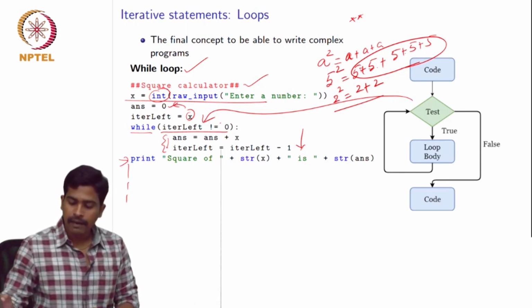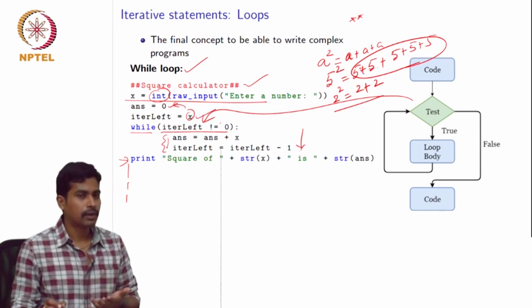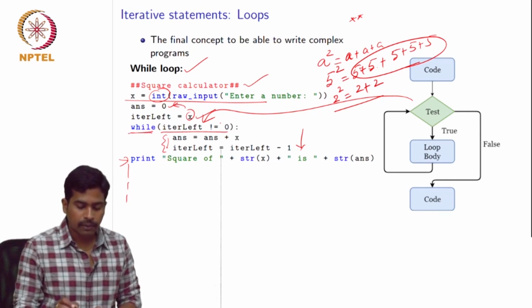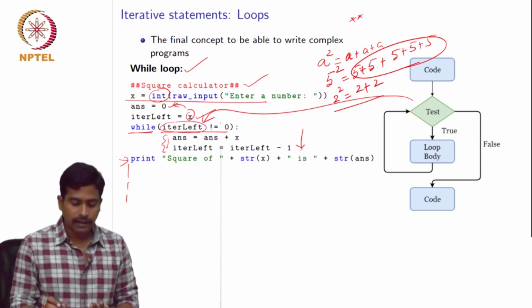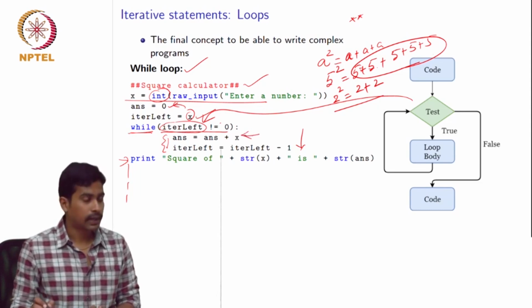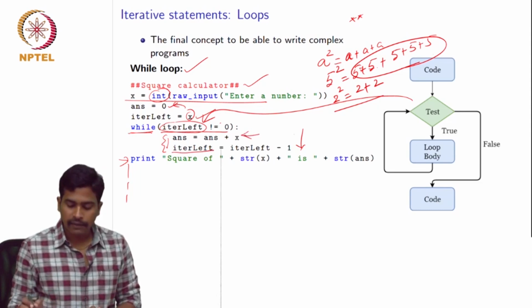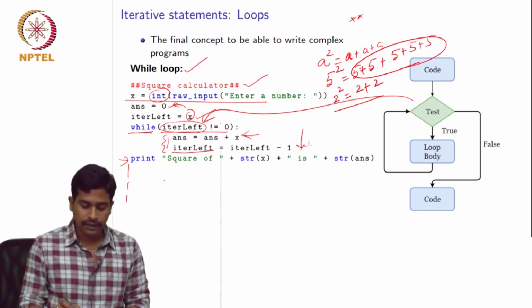So the number of iterations here is going to be the number itself. And we have written a while loop. The condition here is: if the number of iterations left is not equal to 0, we go back and add the number itself to the answer. Okay. And then we decrement the number of iterations by 1. Now I will explain in the case of 3 square.